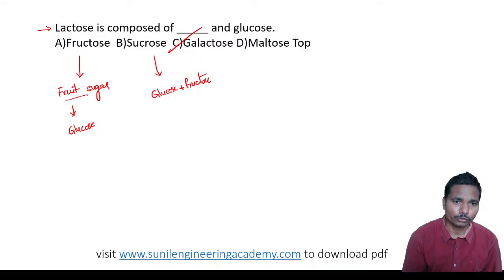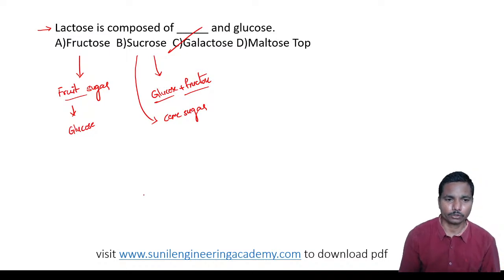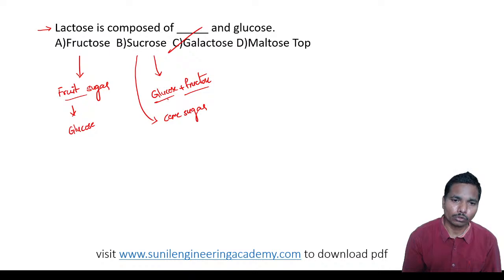Fructose is the fruit sugar. Sucrose is the cane sugar. Sucrose is a combination of glucose plus fructose. Glucose and fructose have almost similar composition.